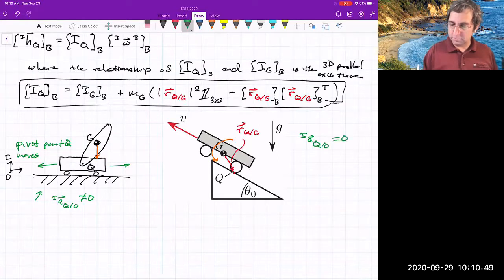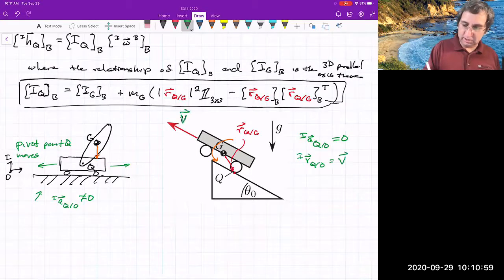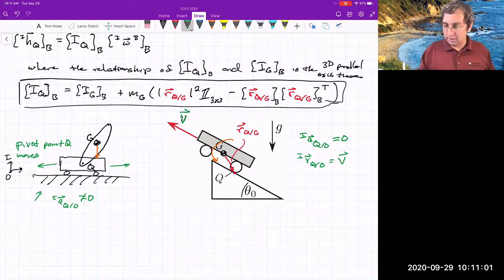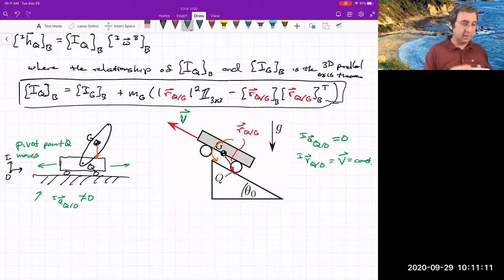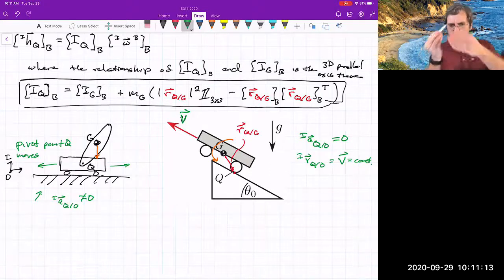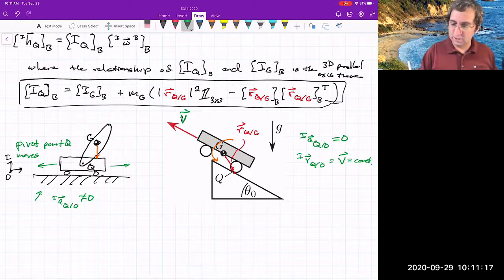So this thing we're saying is zero because the inertial velocity of Q is v. Let's call this the v vector. And this is a constant, at least over the time that you're leaving the ramp. It's a constant vector in direction and location. You might say, oh, but it'll tip down a little bit. Yeah, that's a small effect. So you can assume this.